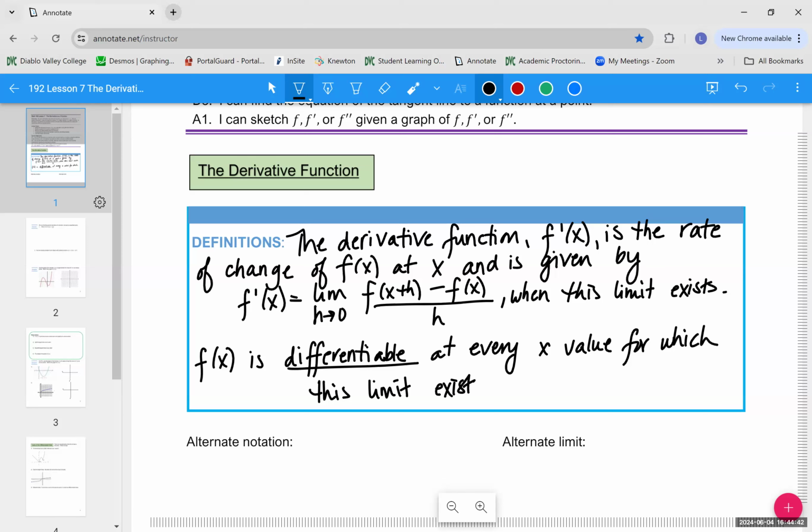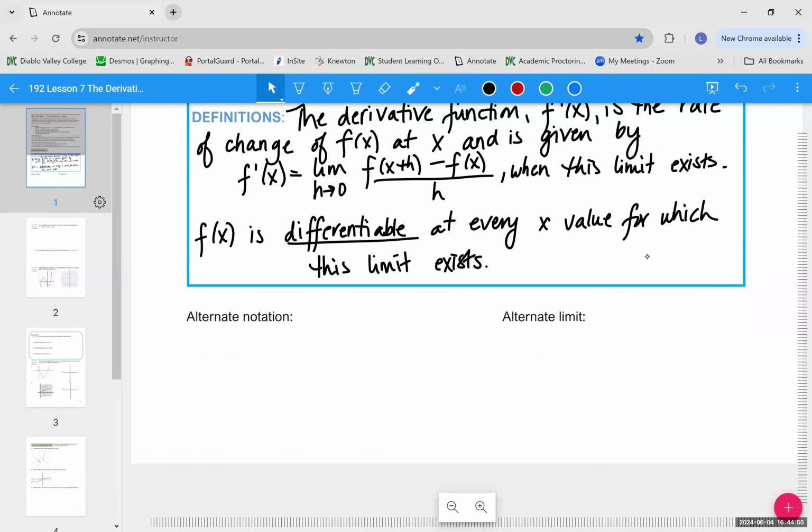Differentiable is basically just a way of saying I can take the derivative of this. The derivative limit does exist. So non-differentiable would be the opposite of that: I cannot take the derivative of this function at this point because that limit does not exist.